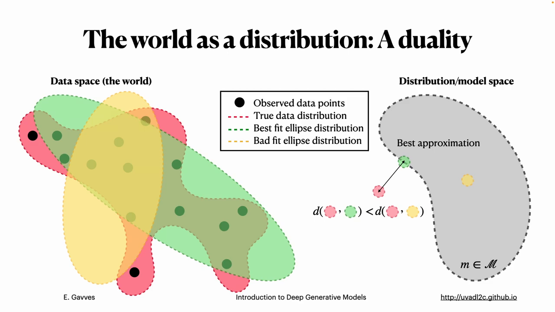So if I assume, okay, I don't know what my red one is, literally don't know it, right? I only have my ellipse in my model. What is the best possible ellipse that would explain the data, that would give me the highest chances?